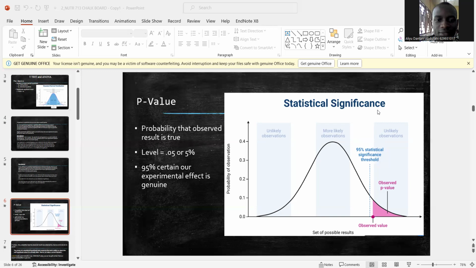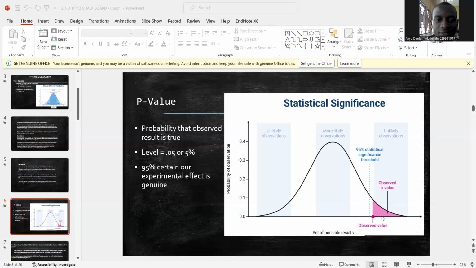You have three portions of the figure. You have this unlikely observation on the left-hand side. You have unlikely observation on the right-hand side, which bridges along the 95% statistical significance threshold. It's supposed to be present here too, but we're just trying to show the one-sided test here.